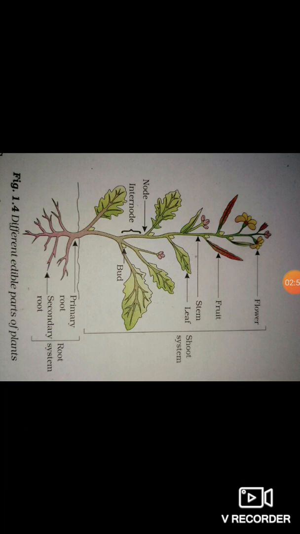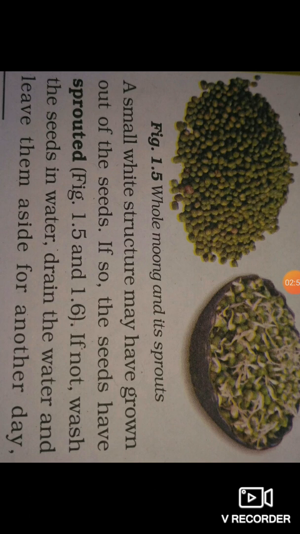Take some seeds of moong or chana, put a small quantity of seeds in a container, fill it with water and leave it aside for a day. The next day, drain the water completely, leave the seeds in the vessel, wrap them with a piece of wet cloth and set aside.